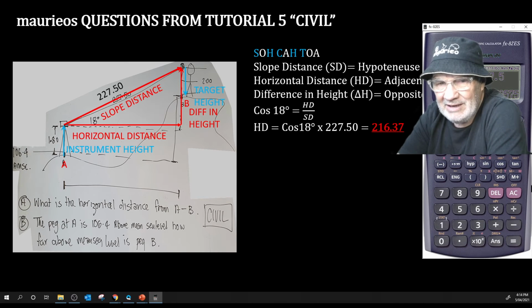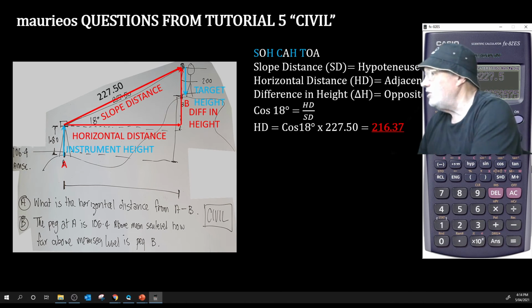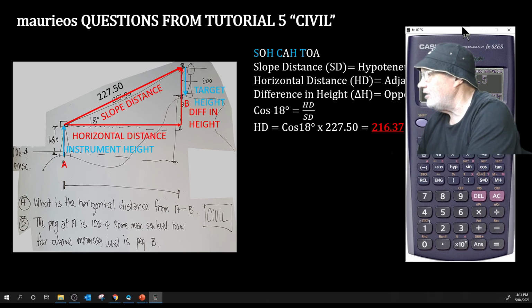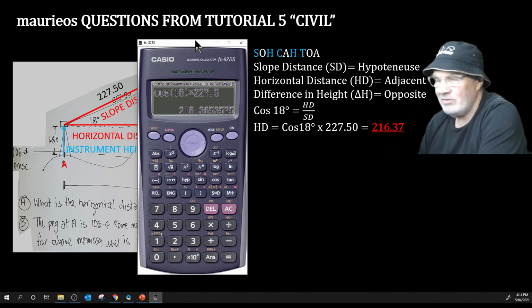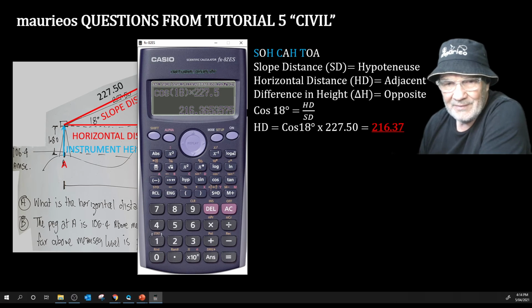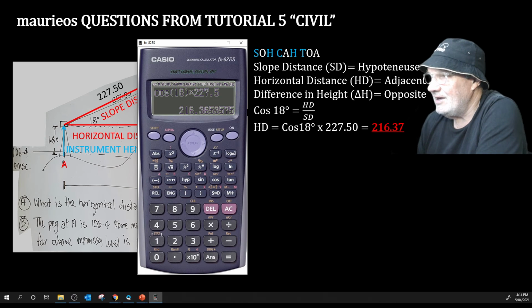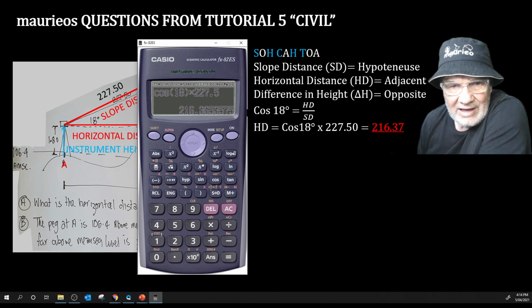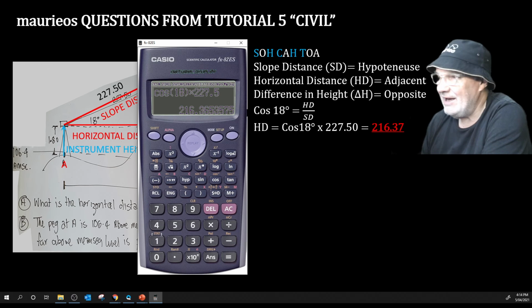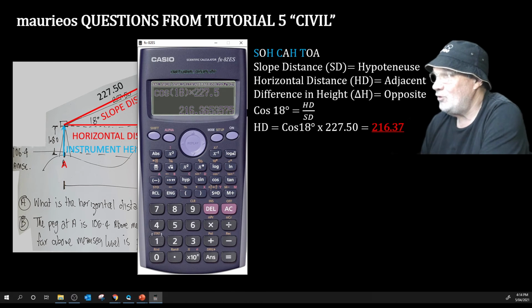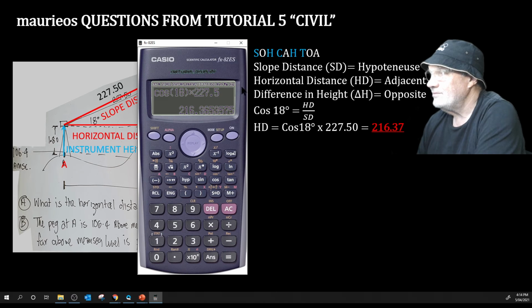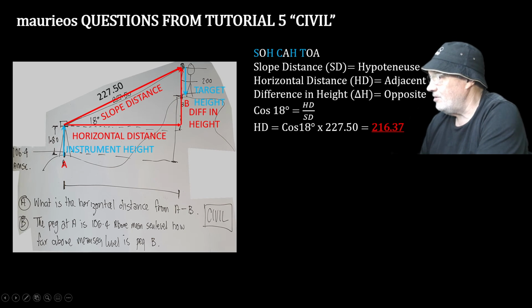I'm happy with that. Except that you can't see the calculator there, so I'll just put it over there. There it is. And you can see that I've done cosine 18 times 227.5. Okay, all right, moving right along.